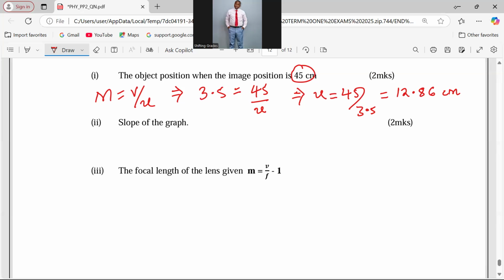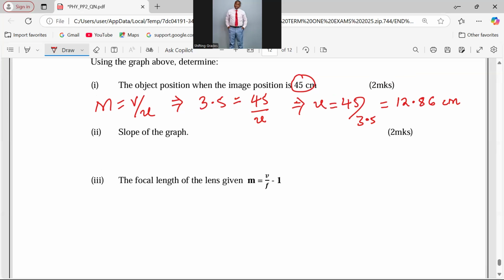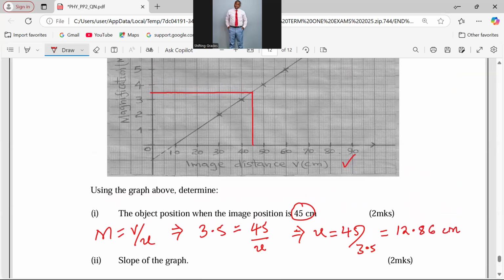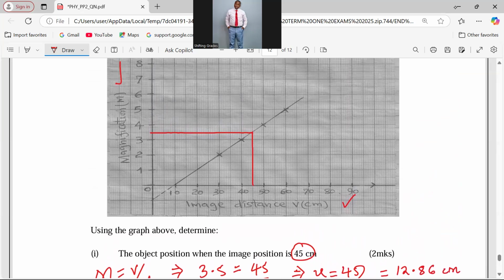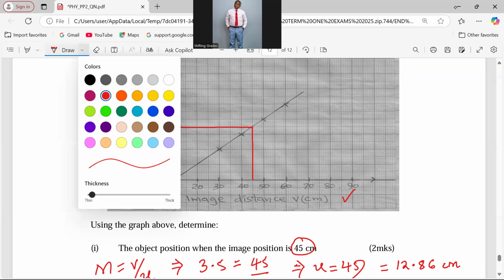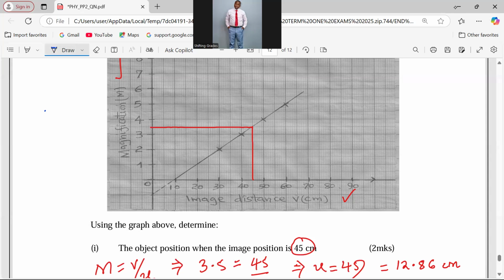So let us look at the graph so that we may extract a few coordinates along it. Then from those coordinates, we will be able to find the slope. For those who don't know, slope is another name for gradient.